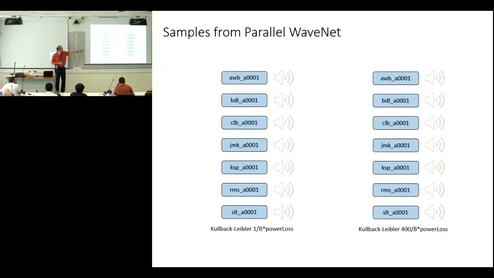And also, this and this have more or less similar value. For example, this loss function cannot distinguish between these samples and these samples. They more or less give the same value to both of them.